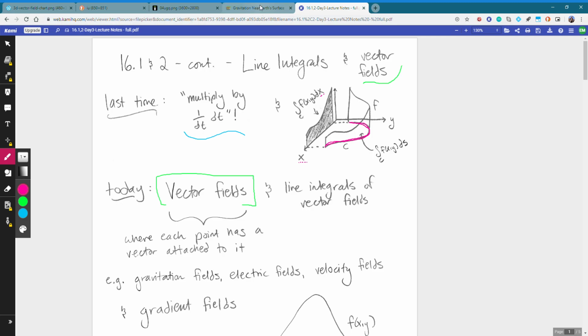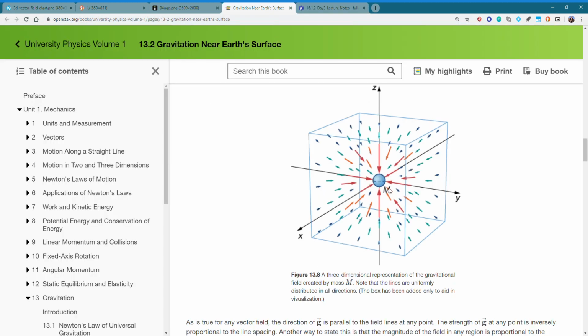So for example, if we have some mass that we place at the origin of 3-space, thinking about gravity, the gravitation from this mass is acting on all the points around it. It's going to be pulling points that are closer to it a little bit stronger than the points further away, but it's trying to pull everything towards itself.